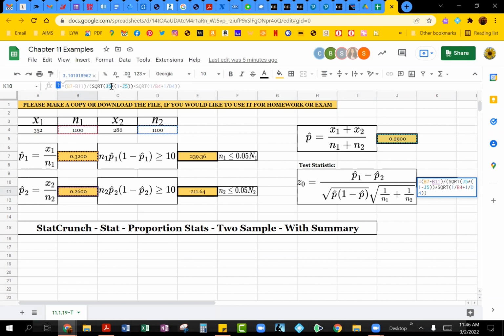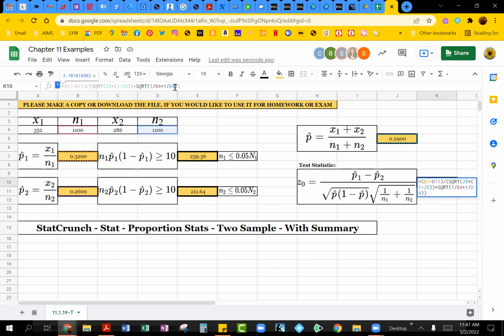And then we did square root of P hat, which is this number here. And then square root of 1 minus P hat. So that one is okay. Then square root of 1 divided by N1 and 1 divided by N2.